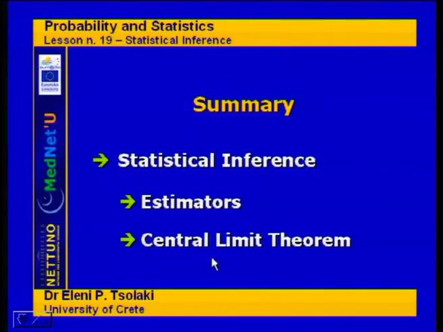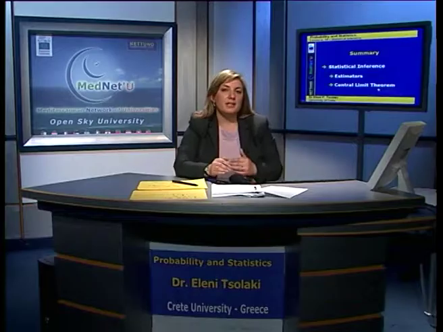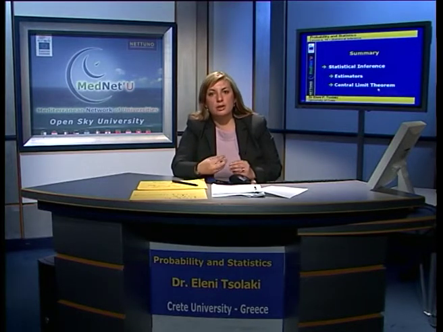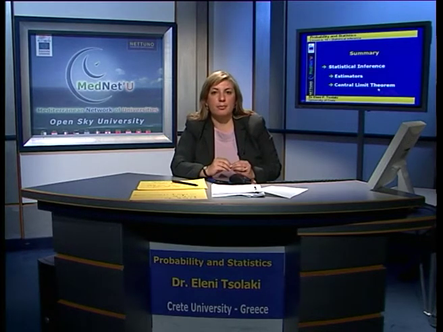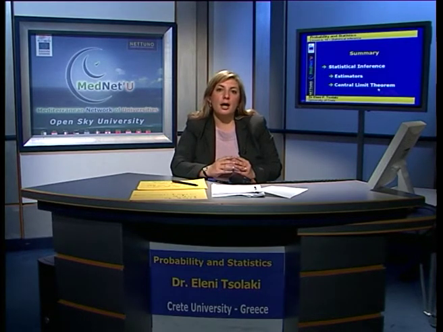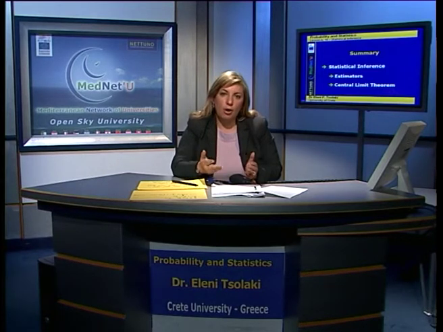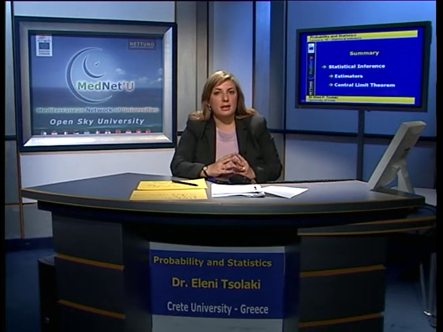And we talked about the central limit theorem. We've seen how we can use in practice the central limit theorem to create intervals for the sample mean, and we are going to see more confidence intervals in our next lesson.